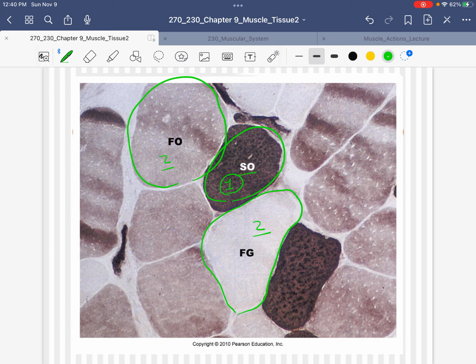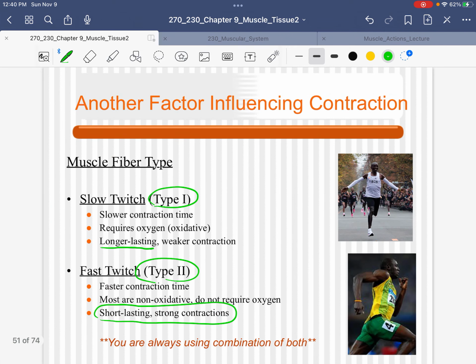There's different types of fast twitch, oxidative and glycolytic, but we tend to be using a combination of both. However, a marathon runner is going to be using more of type 1, slow twitch, longer lasting, but not as strong in intensity. Type 2 is going to be utilized more by a weightlifter or a sprinter.